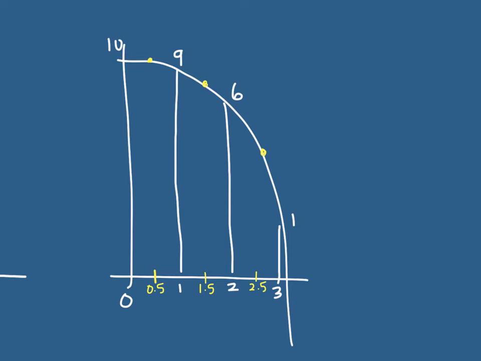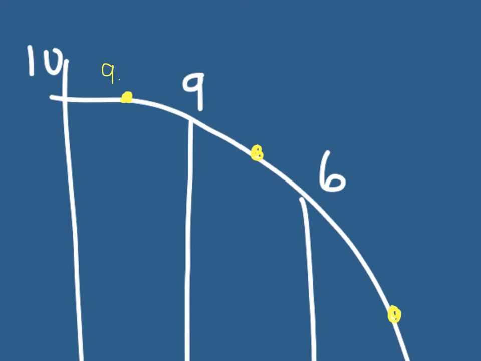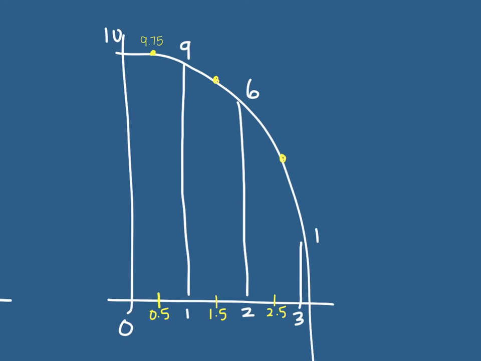Again, we're using the curve 10 minus t squared. So you want your calculator out probably. Well, you can do that in your head. Can you do 10 minus 0.5 squared? You should know what 0.5 squared is. Okay, 0.5 squared is 0.25. So then what's 10 minus that? Okay, so this height is 9.75. Okay, what about the one next to it at 1.5?